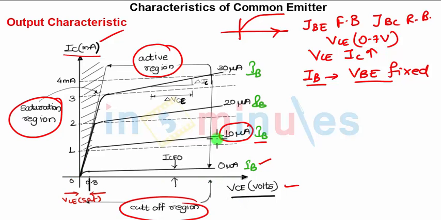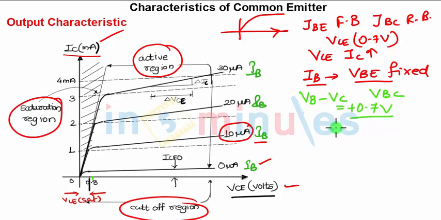What will happen? Your IC is decreasing, right? Now at a particular value, VB minus VC, which is nothing but the base collector voltage, if it goes positive, that is plus 0.7 volts, it will go somewhere over here. When VBC is positive, what does it imply?